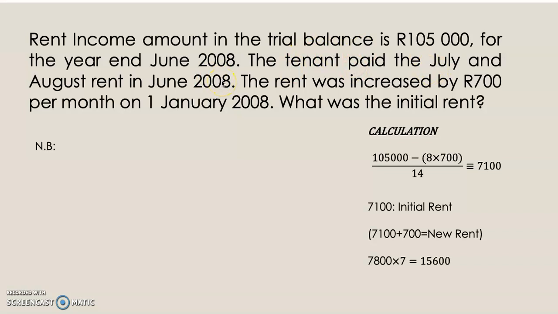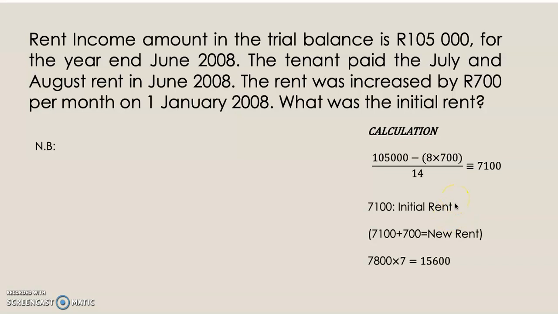So you have to remember that. From January to August is 8 months. So for 8 months, there was this increase. And if I say, hey, the total in the trial balance minus all that extra increase divided by the total number of months, that's how much my initial rent was. That means this was the amount before the increase.